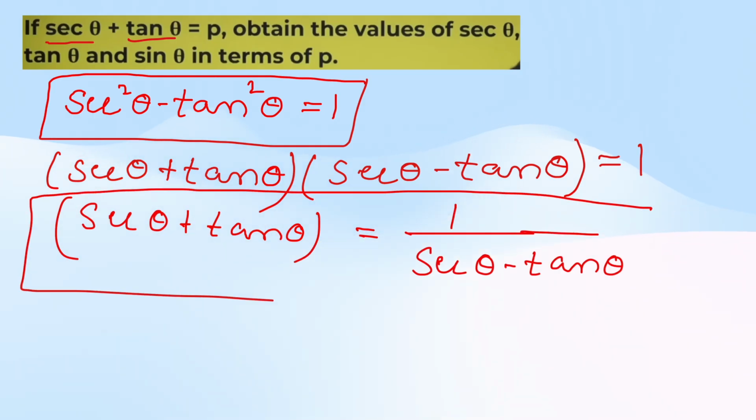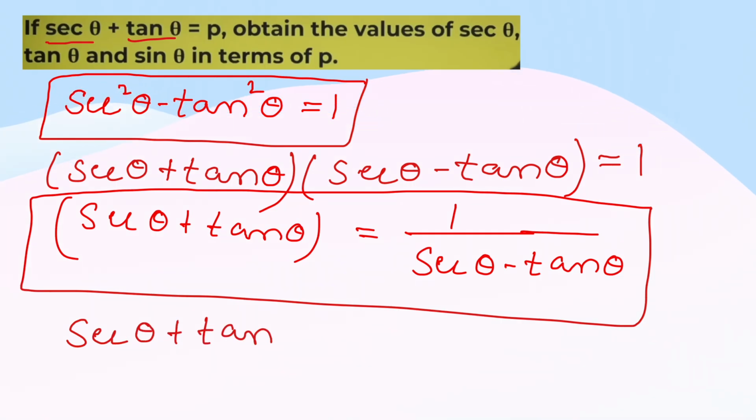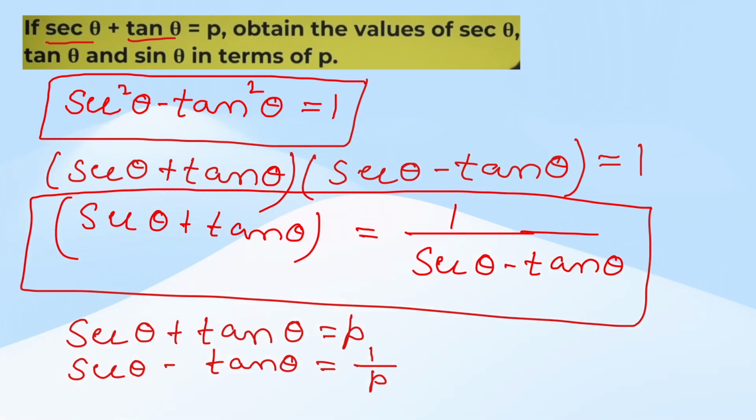It means if the value of sec theta plus tan theta is given as x, the value of sec theta minus tan theta will be its reciprocal, that is 1 by x. In the question, sec theta plus tan theta is given as p. So in the same way, sec theta minus tan theta will be 1 by p. Clear? Because they are just the reciprocal of each other, right?